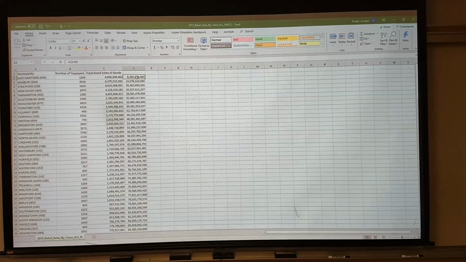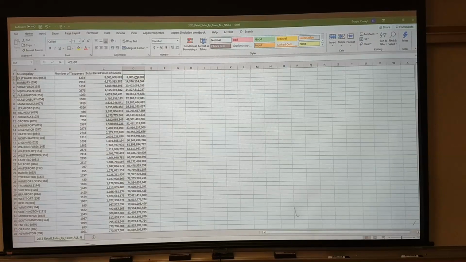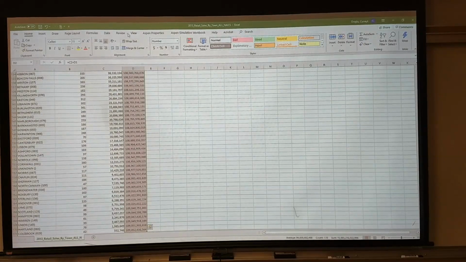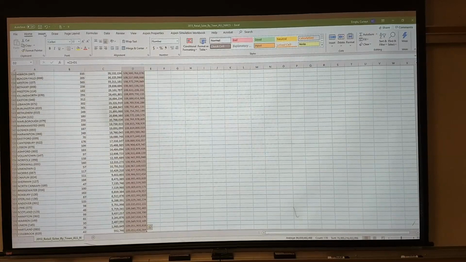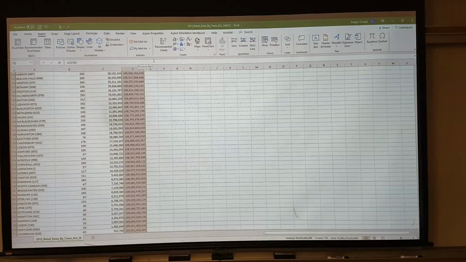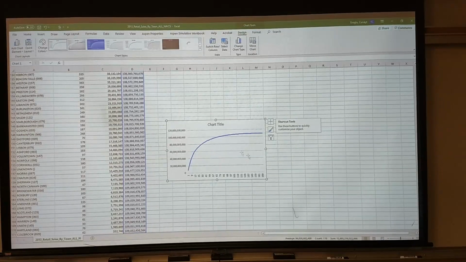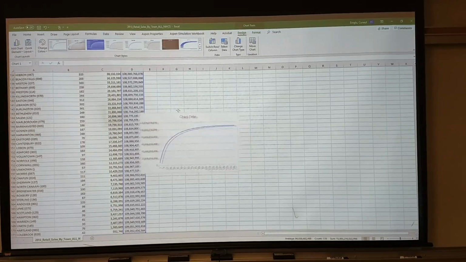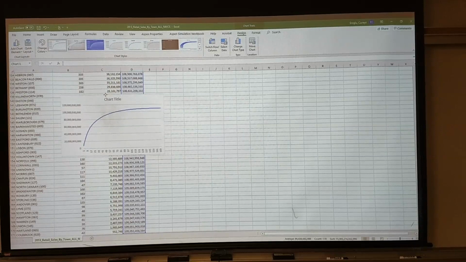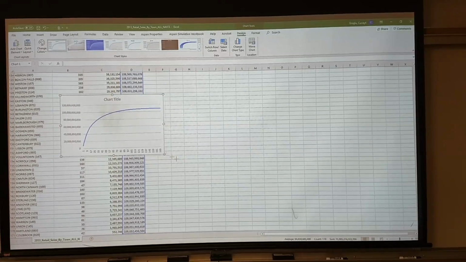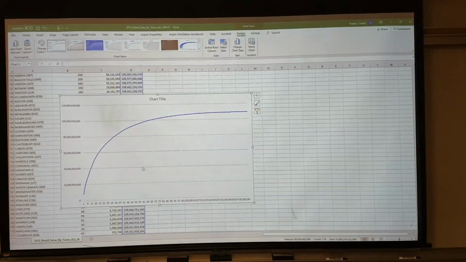And what we can do is select the cumulative sales and draw a line chart. So the line chart looks like this. Let me modify this a little bit.